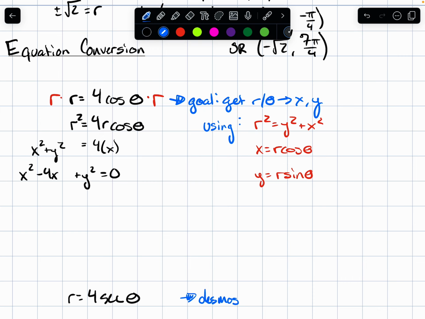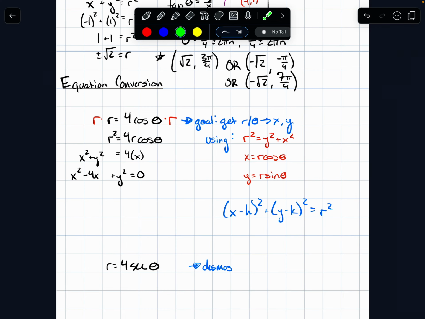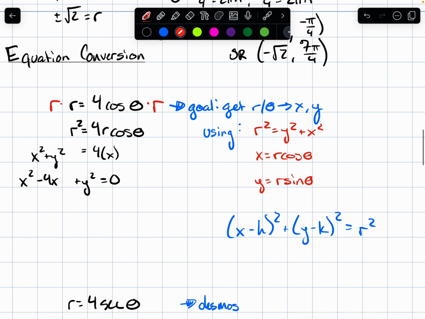So this is the equation of a circle. It's x minus h squared plus y minus k squared equals r squared, r being the radius of the circle. So right now it's saying, oh, I got a radius of 0. That's not really going to work out. So I left a space by this 4x because if I add 4 to both sides, I'm going to be able to factor this into something that looks more like that.